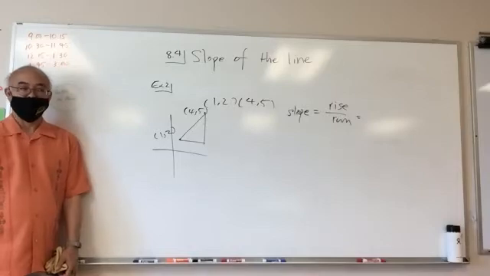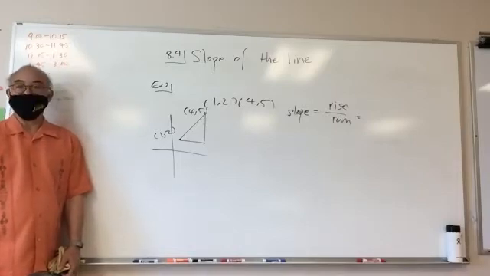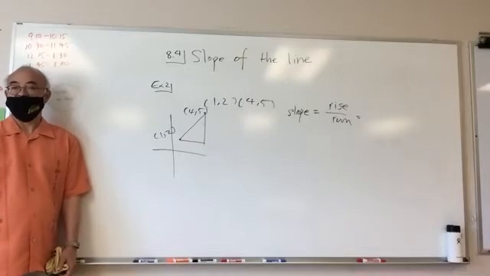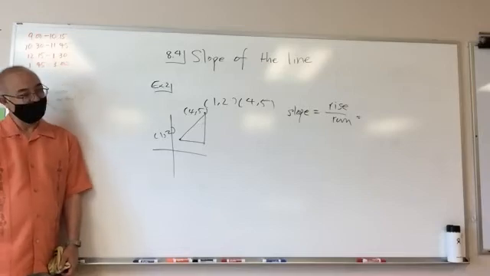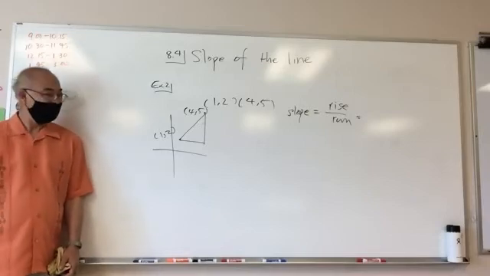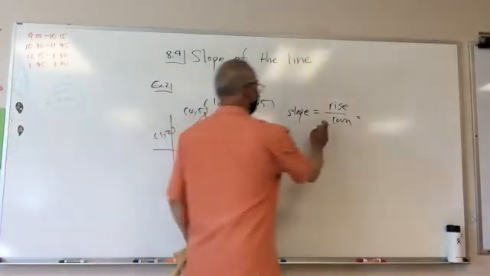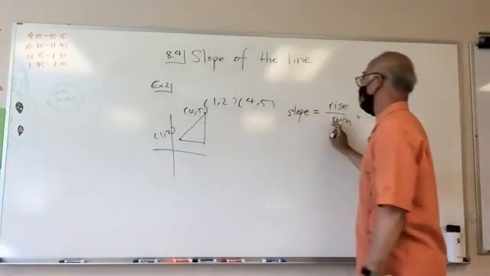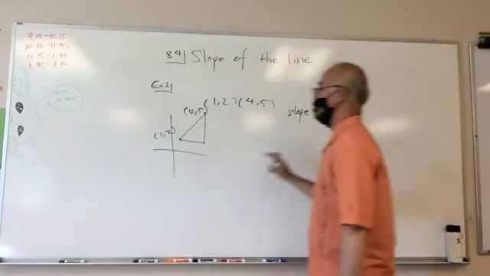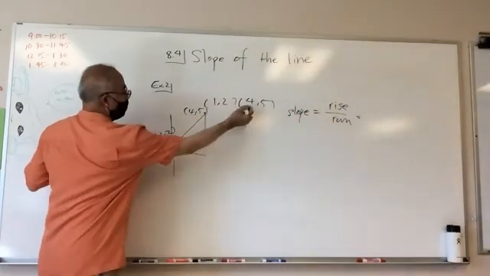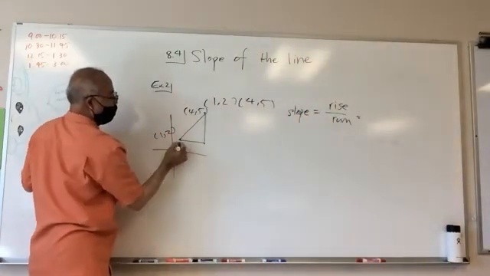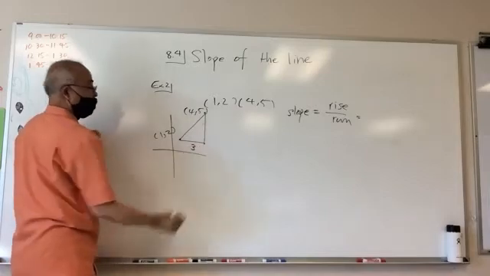Run is the difference in what, X's or Y's? No, the run is the difference in X, right? There's a difference in X, there's a difference in Y. So for the difference in X, I go from 4 to 1, so my difference is 3, correct?